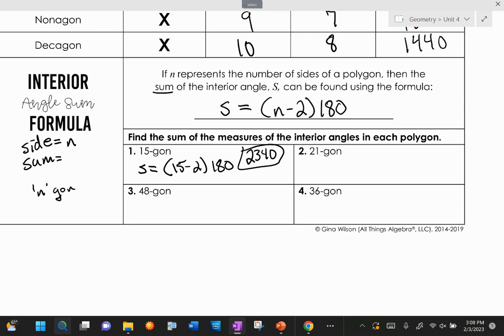Bram just asked that question. That is a good way to check yourself on your math. If the digits don't add up to 9, then you probably made a mistake with your math. So keep that in mind. S is the sum.